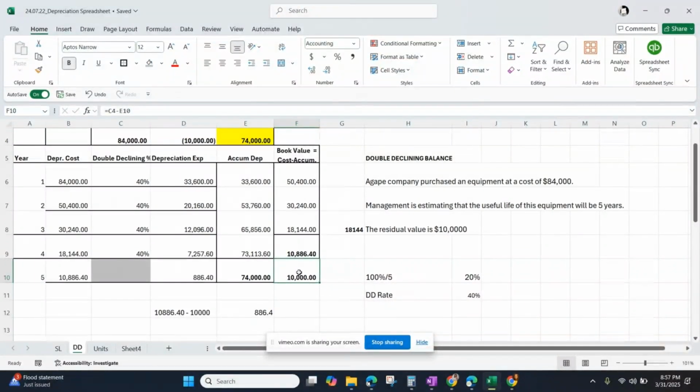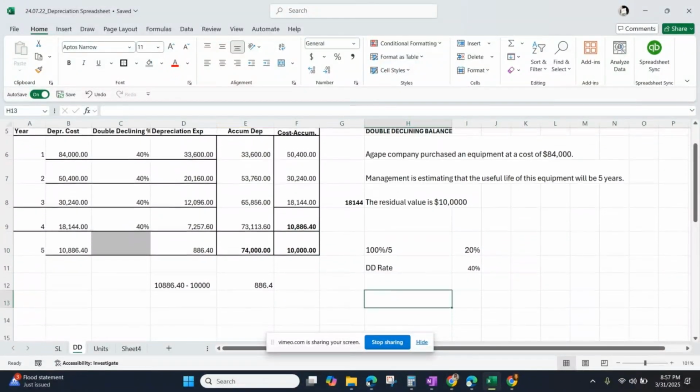Now, if we want to calculate partial depreciation under this method, it's very easy to do. We take the double declining balance. First of all, we get the cost. Let's say we have to calculate partial depreciation for 3 months.